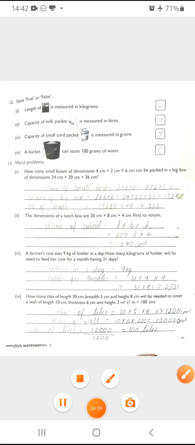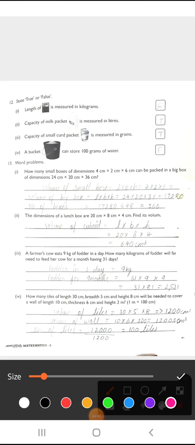In question number 4 it is written, how many tiles of length 30 centimeter, breadth 5 centimeter and height 8 centimeter will be needed to cover a wall of length 10 centimeter, thickness 6 centimeter and height 2 meter.